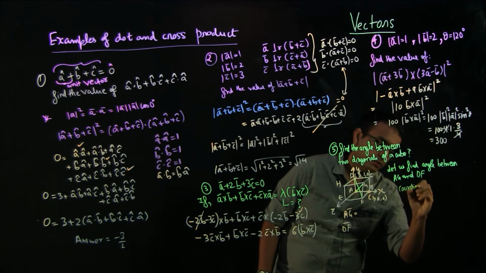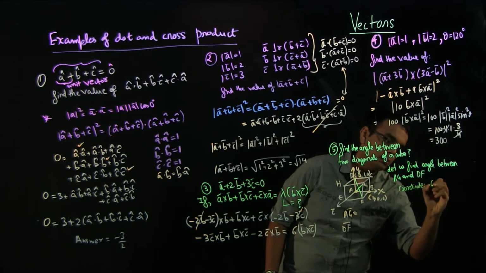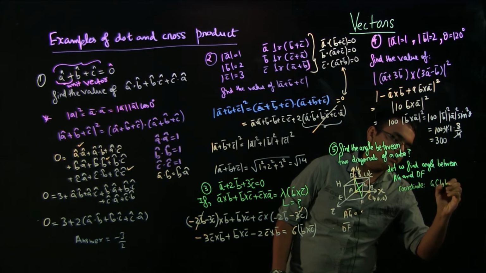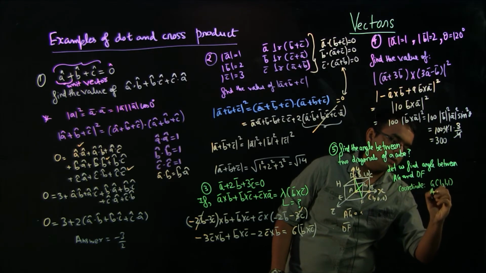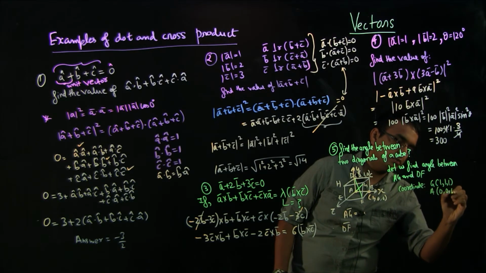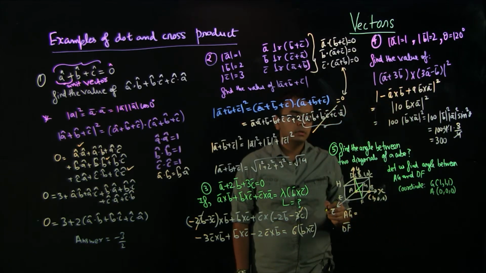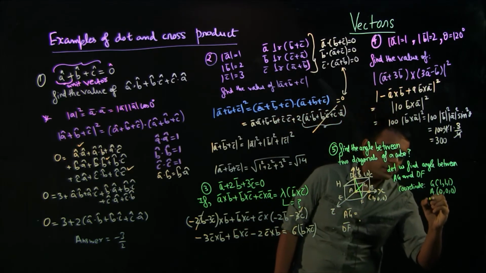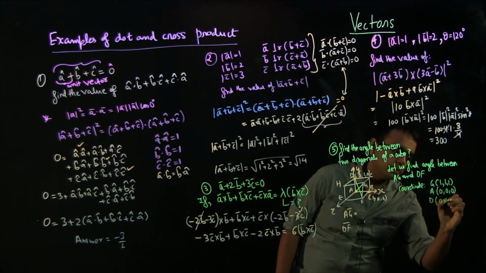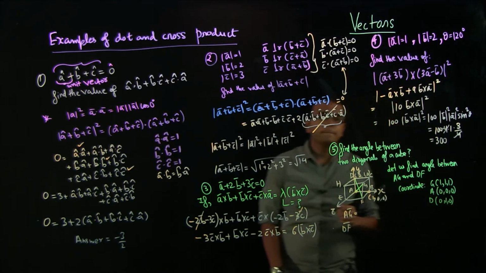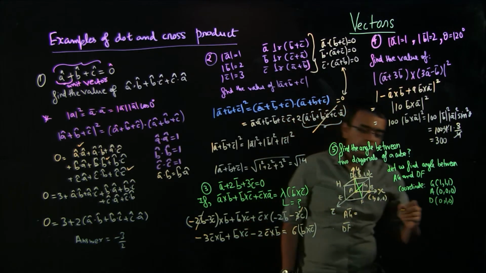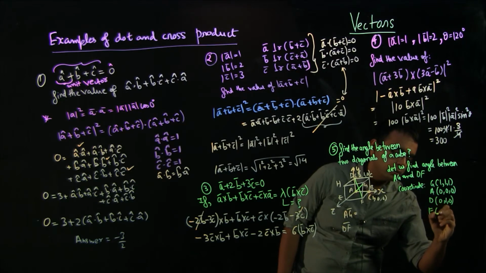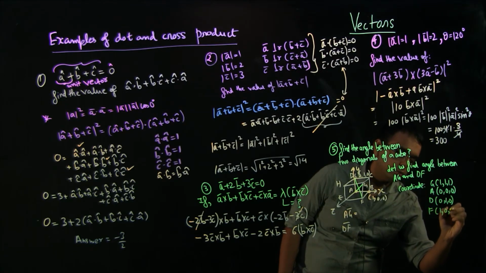Coordinates of G would be 1, 1, 1, coordinates of A would be 0, 0, 0, coordinates of D would be 0, 1, 0, and coordinates of F would be 1, 0, 1.